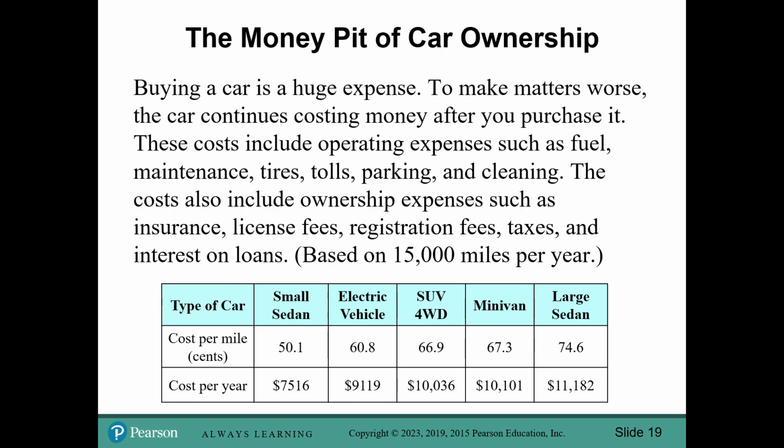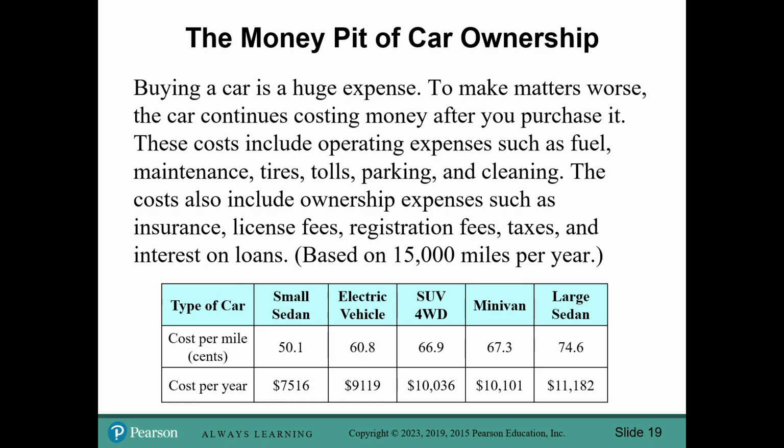So the cost per mile for a small sedan is 50.1 cents. An electric vehicle is 60.8 cents. A four-wheel drive SUV is 66.9 cents. A minivan is 67.3 cents. And a large sedan is 74.6 cents. Now, if we look at the cost per year of these vehicles, you can tell that the small sedan is the cheapest.